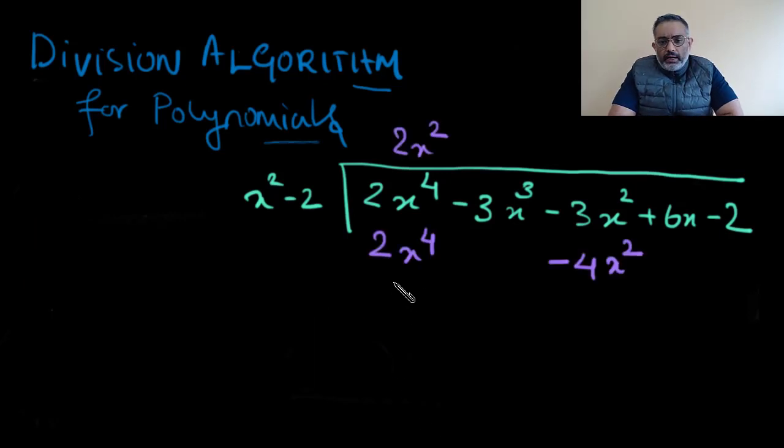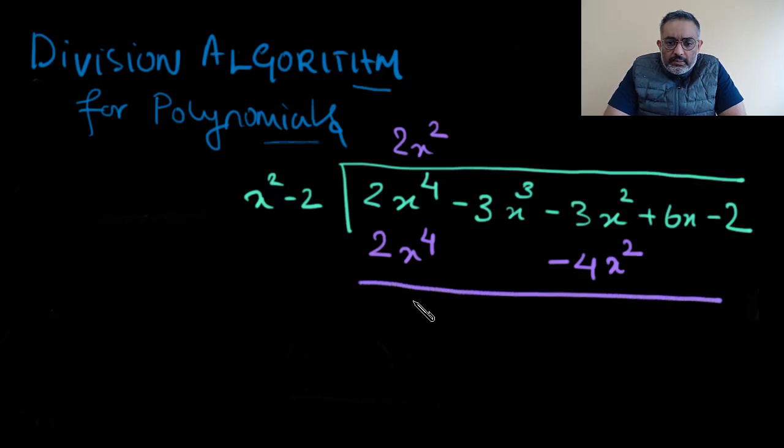Okay, now from this point we need to conduct the subtraction, which makes it 0 here, and we get minus 3x cubed, and this, when you subtract, this will become positive 4x squared minus 3x squared, so this is plus x squared plus 6x.